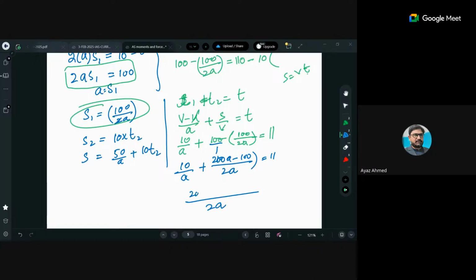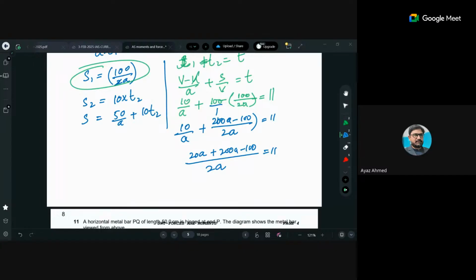So it is 20A plus 200A minus 100 is equal to 11. And when you further solve that, it will be 220A minus 100 is equal to 22A. And from here, if you make it a one variable equation, it will be on this side and this on the other. So it will be 220A minus 22A is equal to 100. So what will be this one?